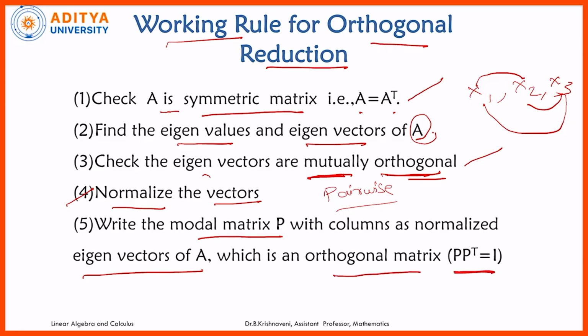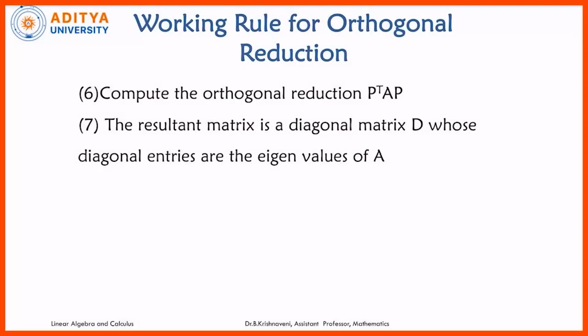So P transpose is equal to the inverse, or P inverse is equal to P transpose. Next, compute the orthogonal reduction given by P transpose AP. The resultant matrix is the diagonal matrix D, whose diagonal entries are nothing but the eigenvalues of A.